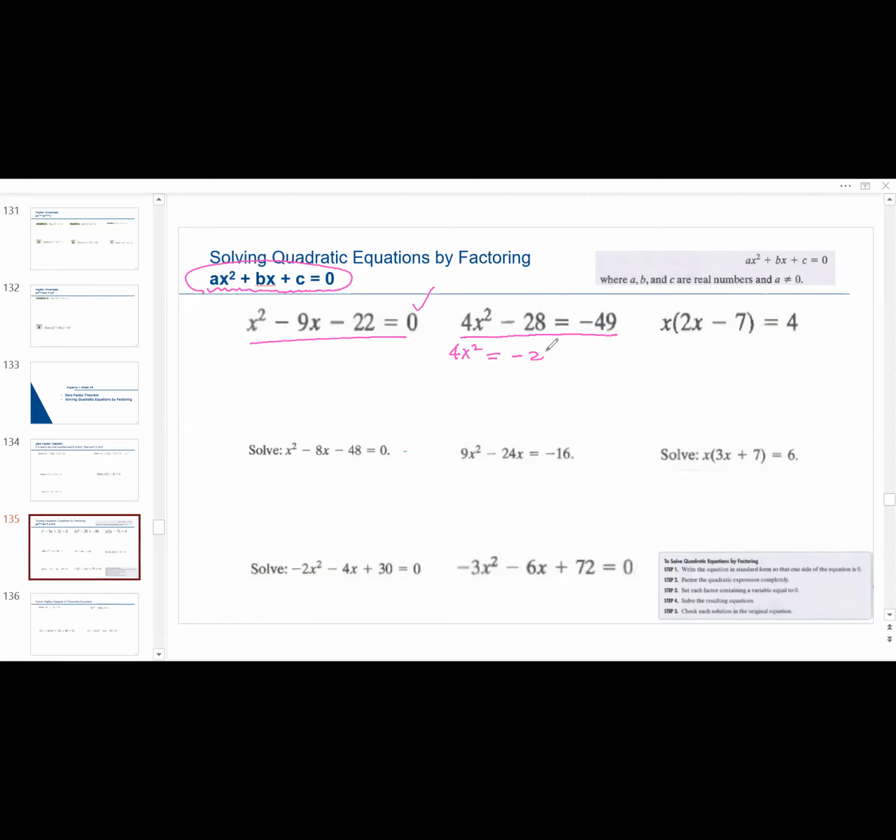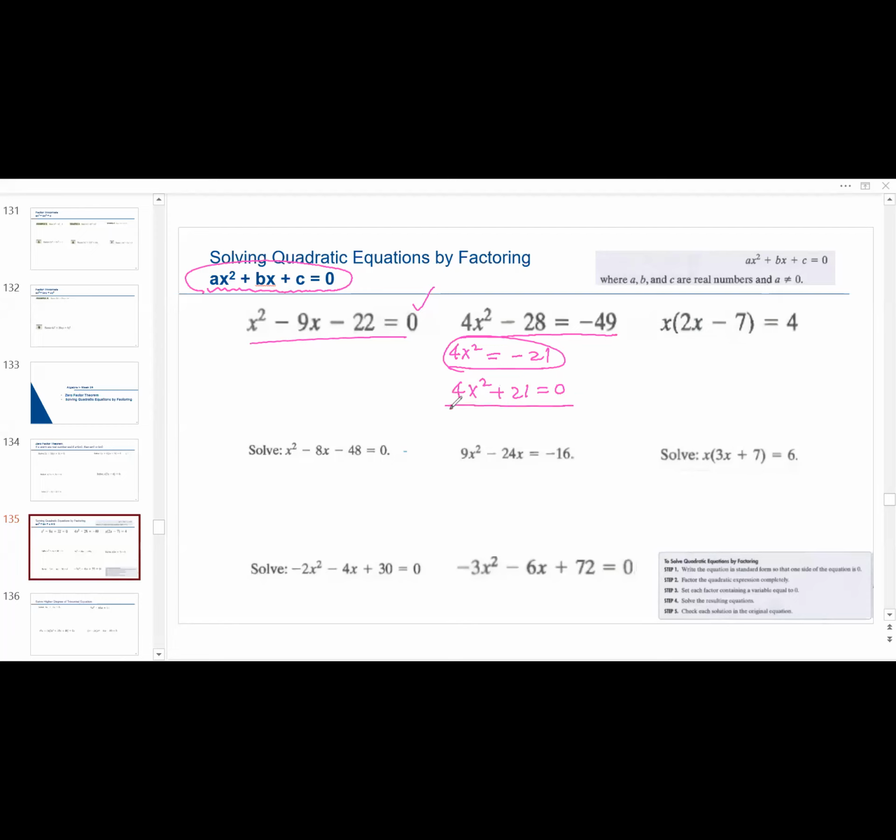So 4x squared equals negative 21 in our current status. It means 4x squared plus 21 equals 0.